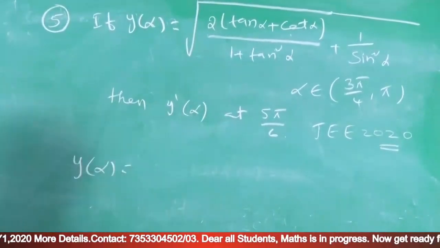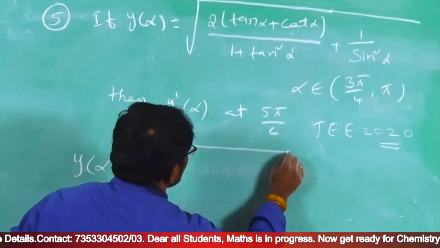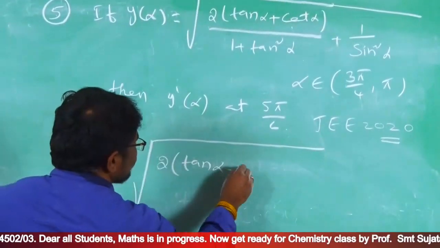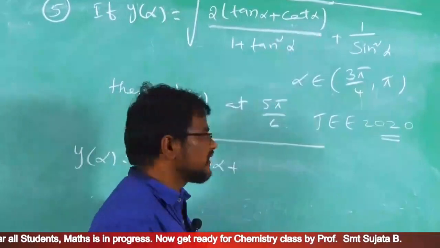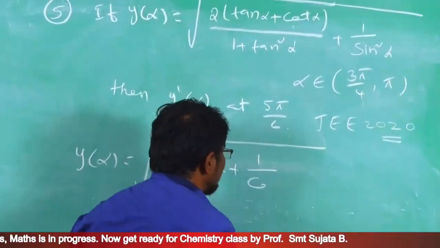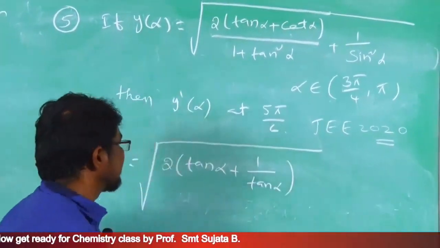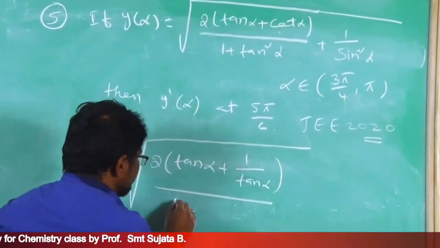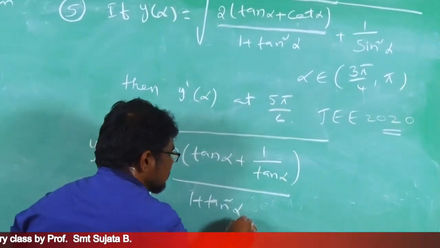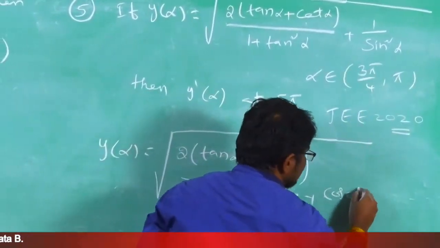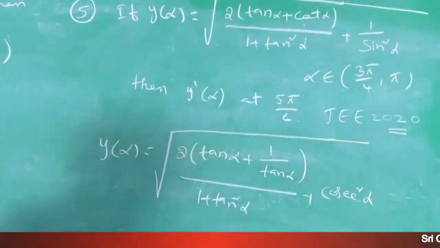So for that, what do we have to do? We have to simplify this as root of 2 into tan alpha. We know that cot alpha you can write as 1 by tan alpha, the reciprocal, divided by 1 plus tan square alpha plus 1 by sin square alpha, which you can write as cosecant square alpha.